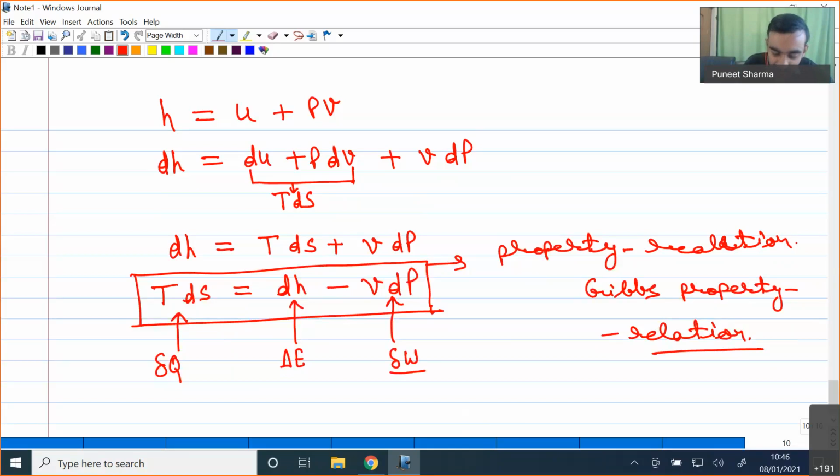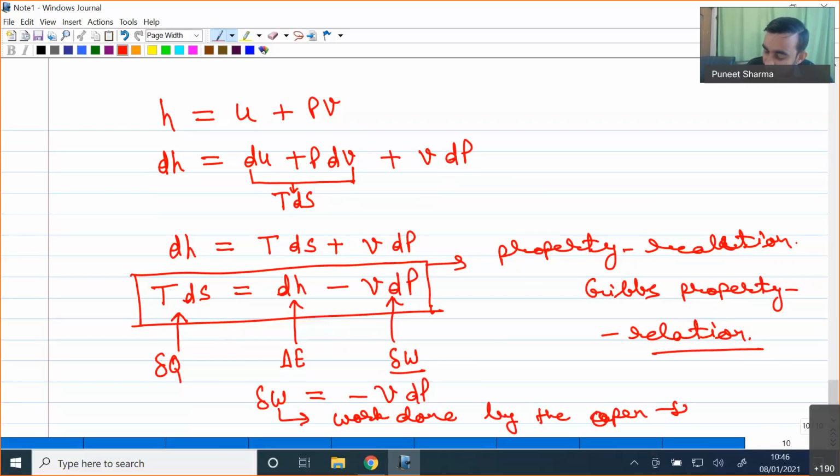So this VdP should represent our work interaction. That's why we write this VdP as delta W equals minus VdP, where delta W is the work done by the open system.